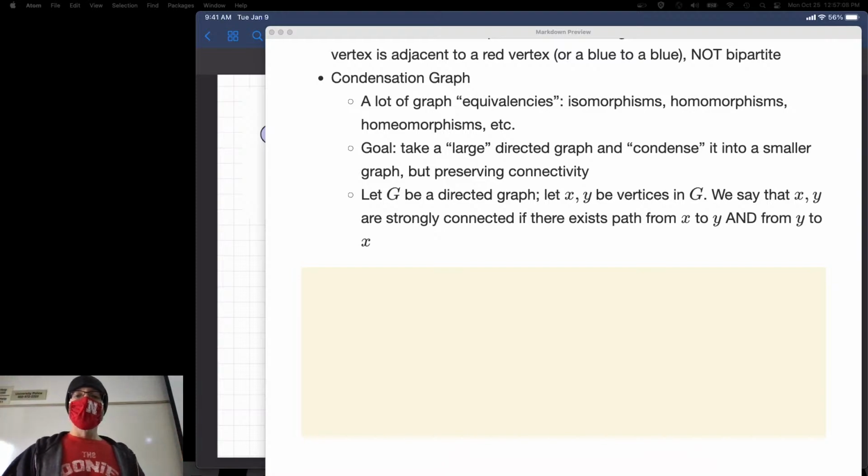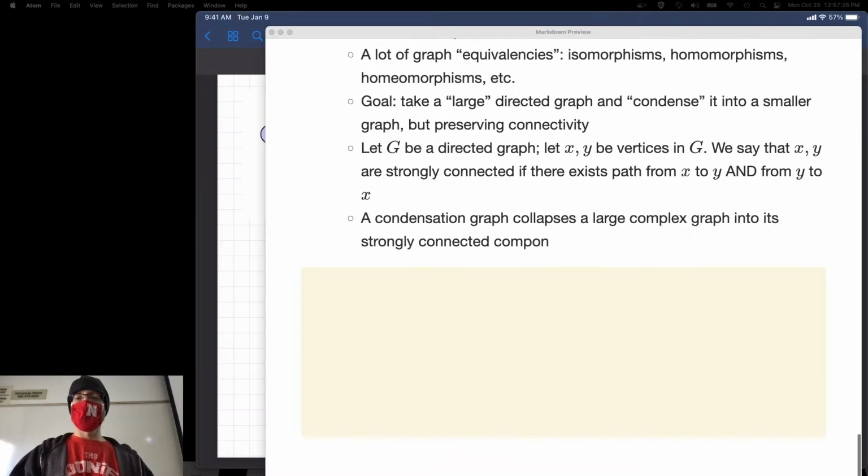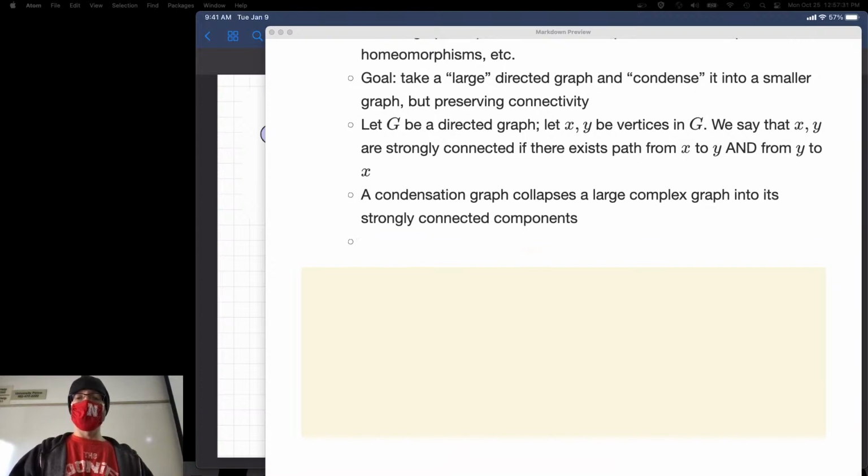So what we want to do is come up with what's called a condensation graph. A condensation graph collapses a large complex graph into its strongly connected components. So what is a component? A component is a subset of vertices, each of which is pairwise strongly connected.